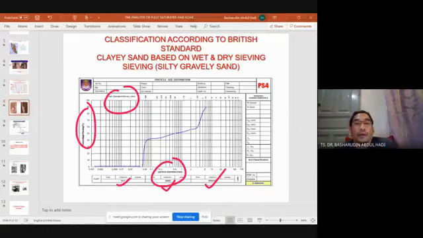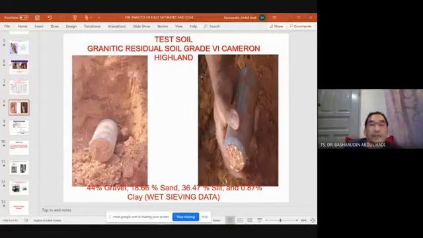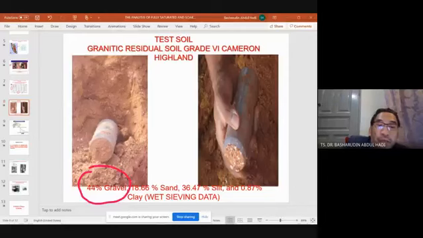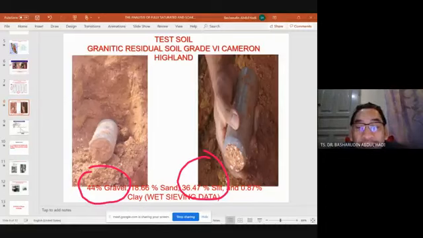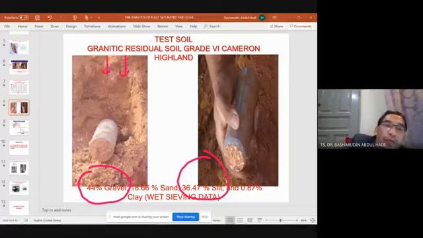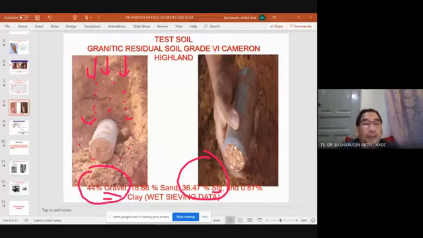What you can see is actually very dangerous: the slope in Cameron Highland is 44% gravel, very dominant, and 36.47% silt. This means that when rainfall comes, the gravel and the silt let the water pass through going down and make the soil wet, and the slope is going to fail.